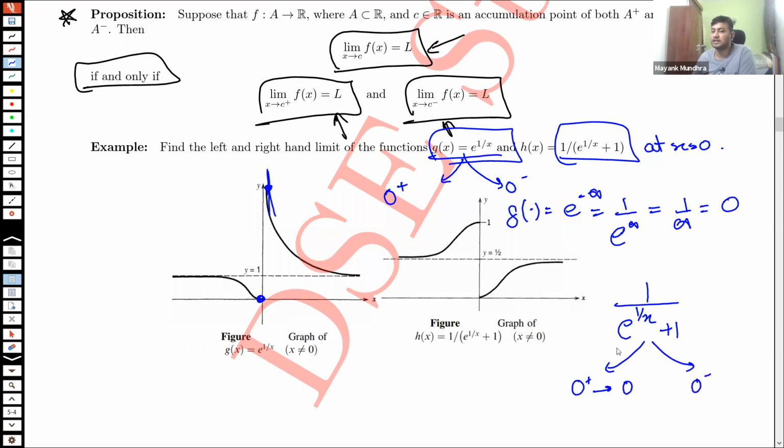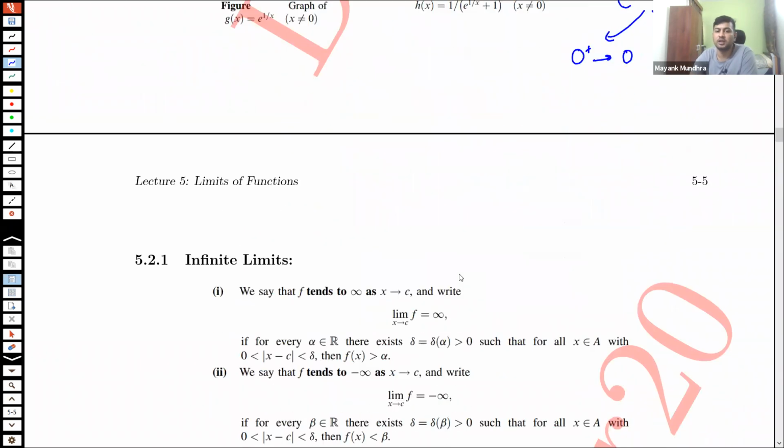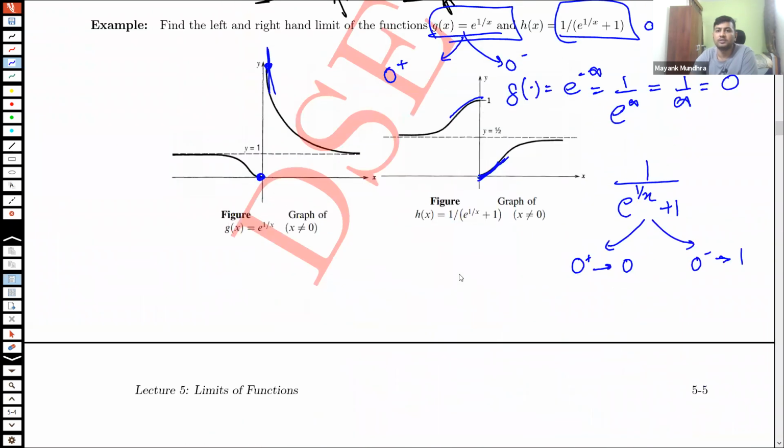And at 0 minus, I know that e to the power 1 by x is 0, so 1 by 0 plus 1 becomes equal to 1. So as you can see, at 0 minus this becomes 1, and at 0 plus this becomes 0. This is how you can check the different limits at different values.